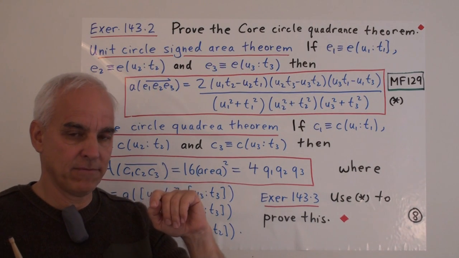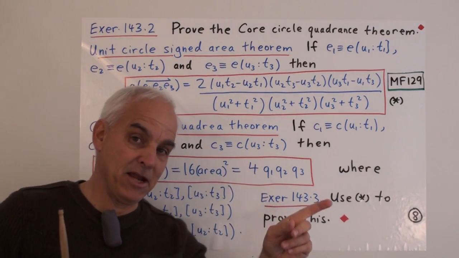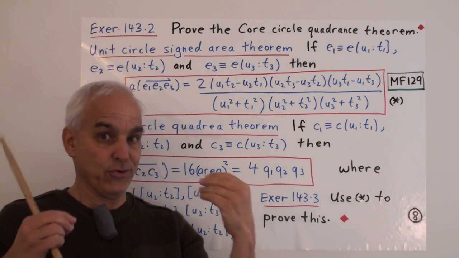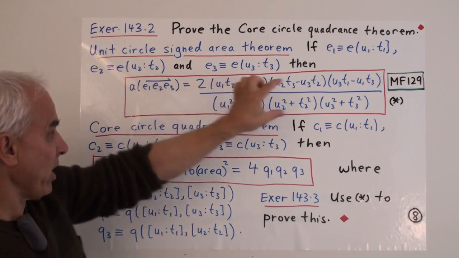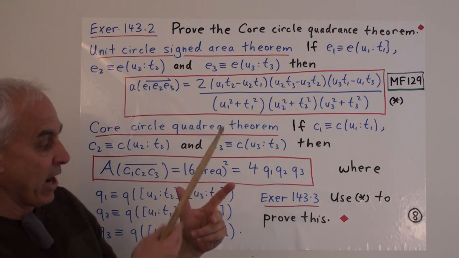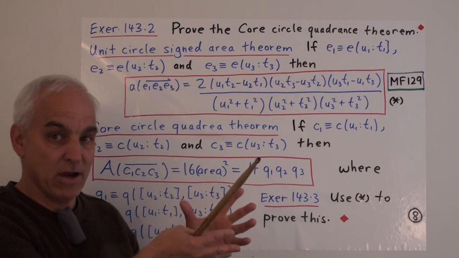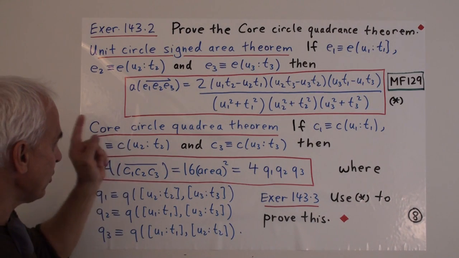And we've seen that for various reasons. If we square the signed area and multiply by 16, then we get the true quantity, which is called the quadrea. All right, so 16 times the square of this is really the fundamental sort of area measurement associated to a triangle. Right, so now to the core circle.